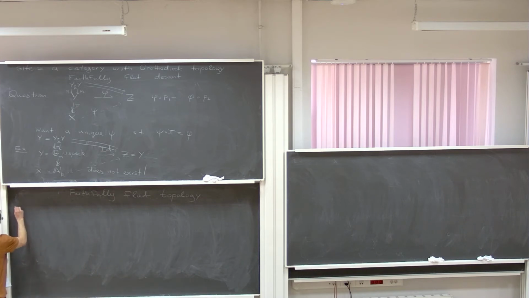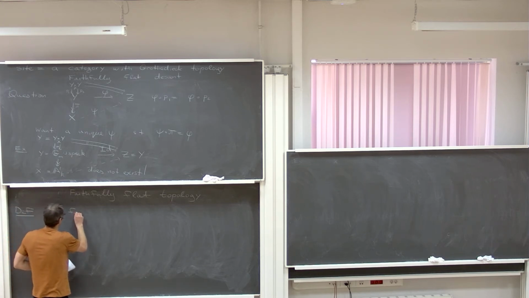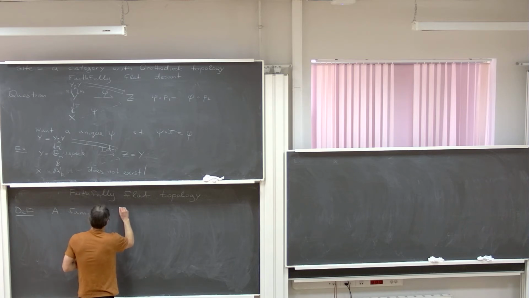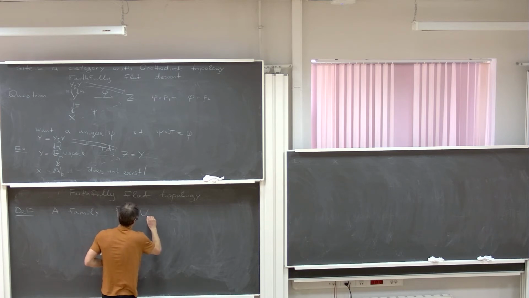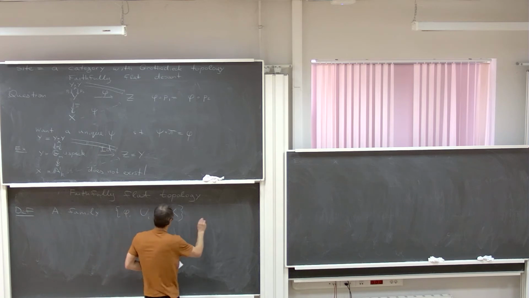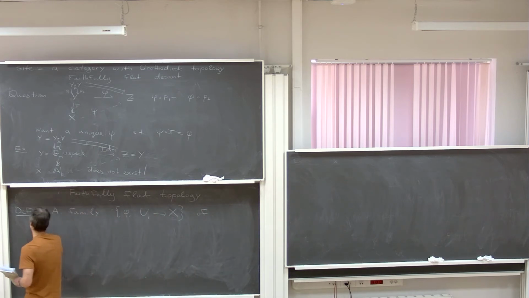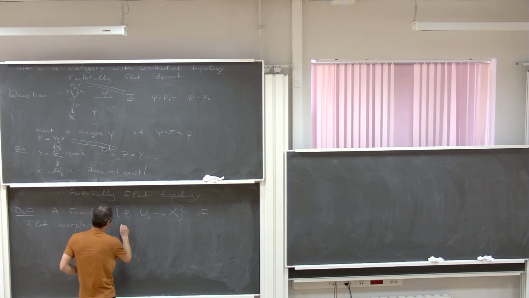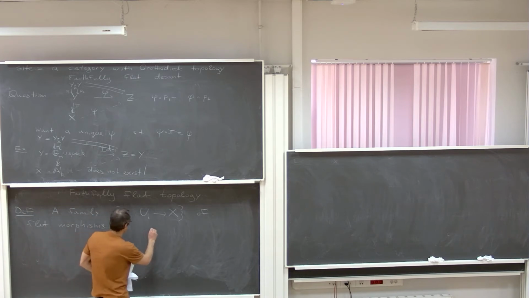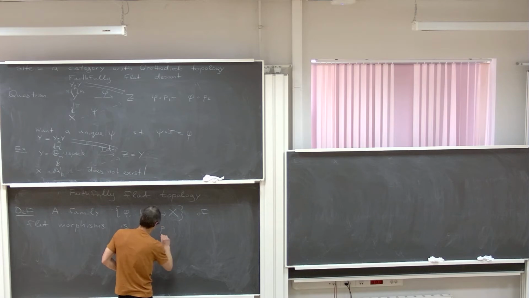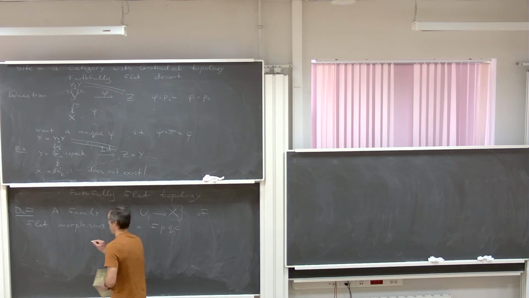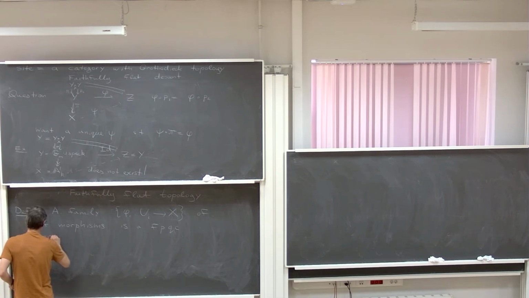Well, I will start with a definition. Suppose I have any scheme X. A family of flat morphisms of schemes over X is a faithfully flat quasi-compact covering.